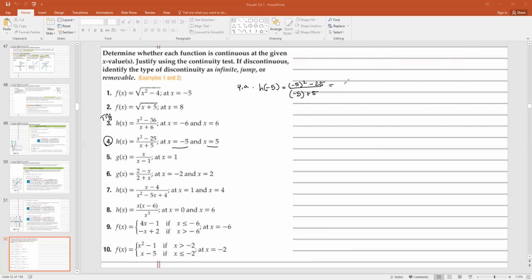And -5 squared is 25 minus 25, but that doesn't really matter because in the denominator we have 0. -5 plus 5 is 0. You can't have 0 over 0. That does not exist. So right away we know it's one of the discontinuities.